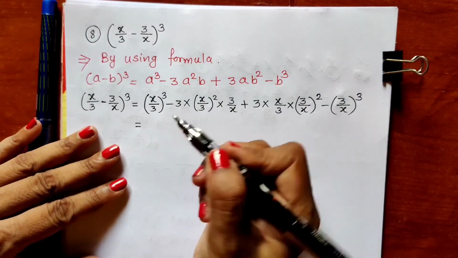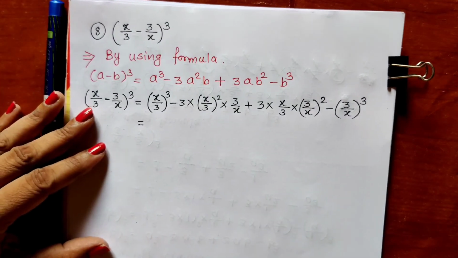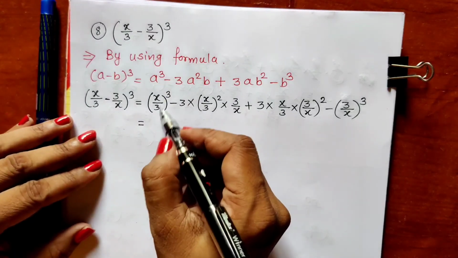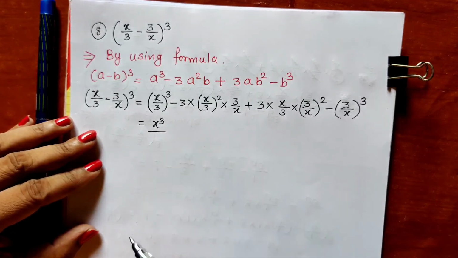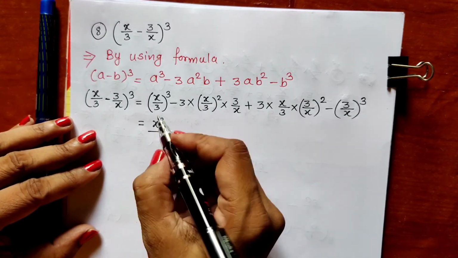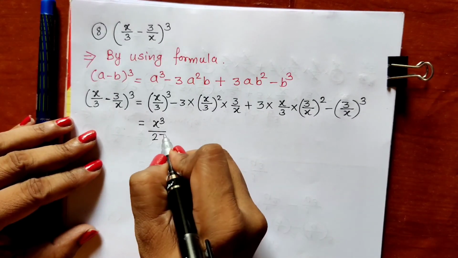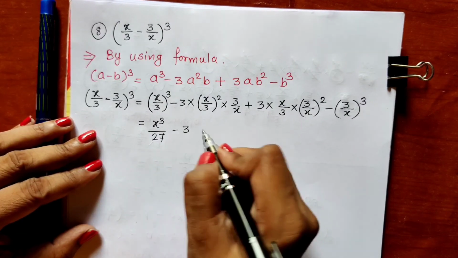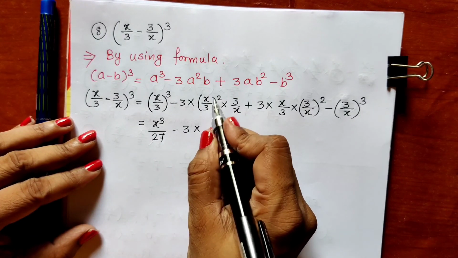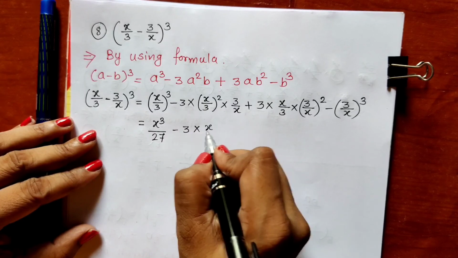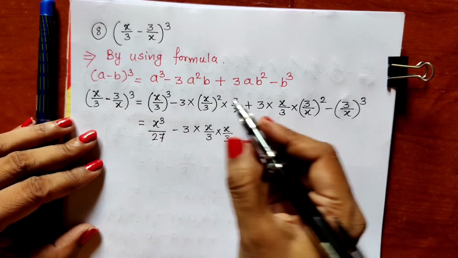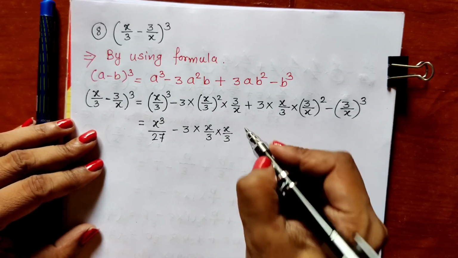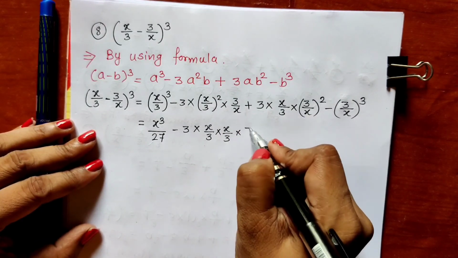Now let us solve it. So x upon 3 cube: x cube, and the cube of 3 is 3 into 3 into 3, 27. Minus 3 as it is I will write. Now x upon 3 square I write as x upon 3 into x upon 3, multiplied by this 3 upon x as it is.